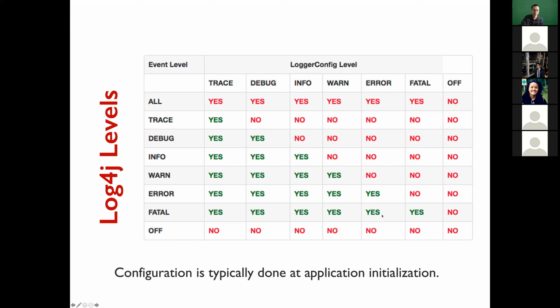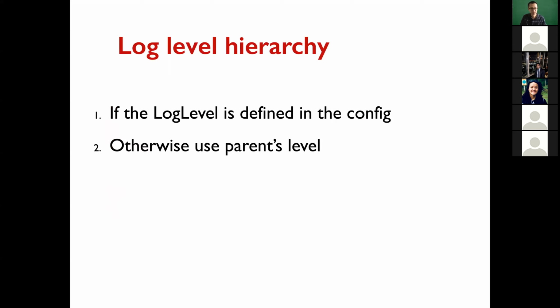So this is basically how we control which messages we want to output. If the log level is defined for a logger, we just use the defined log level. Otherwise, we use the parent level.